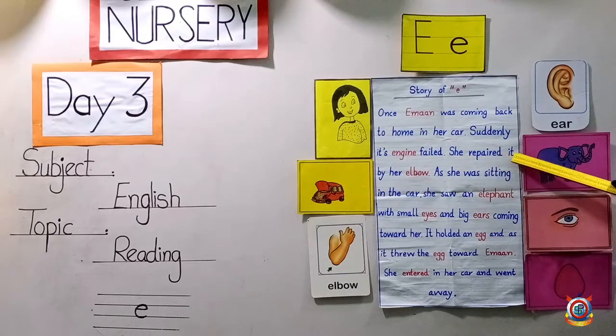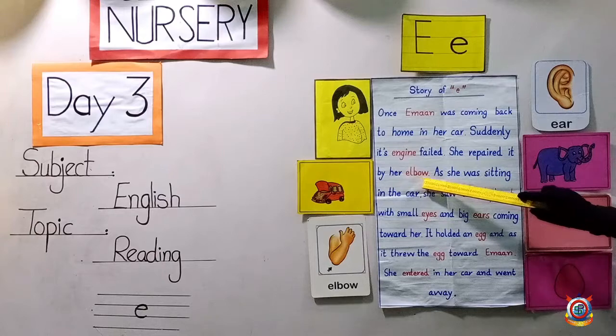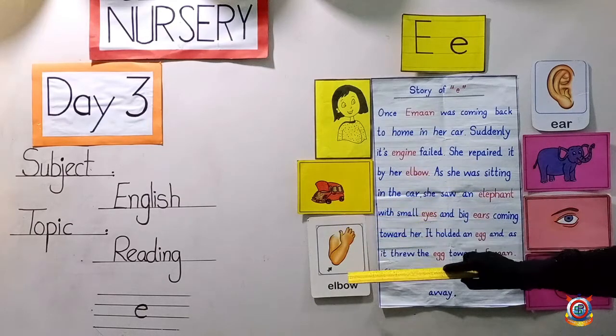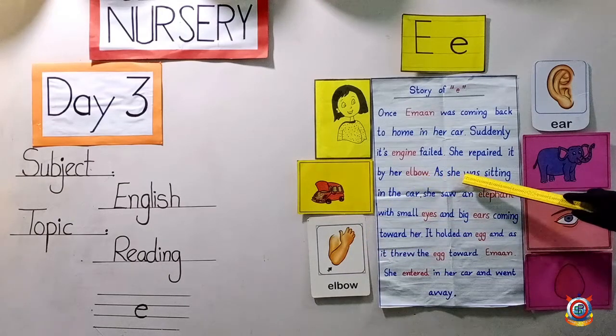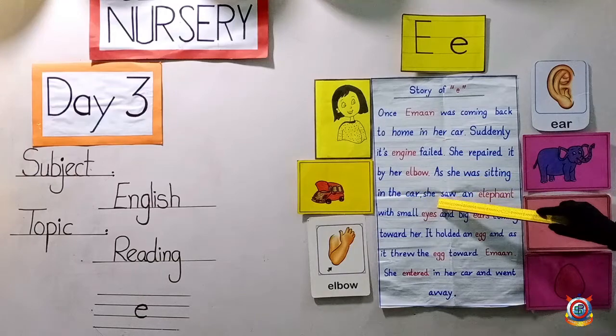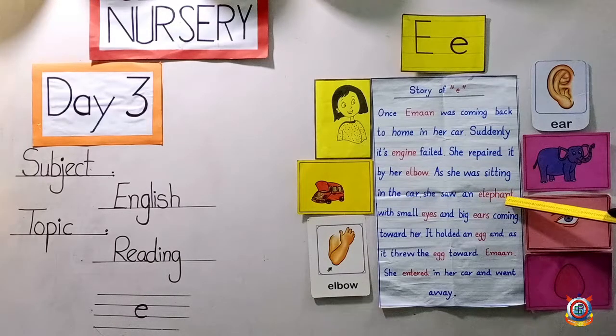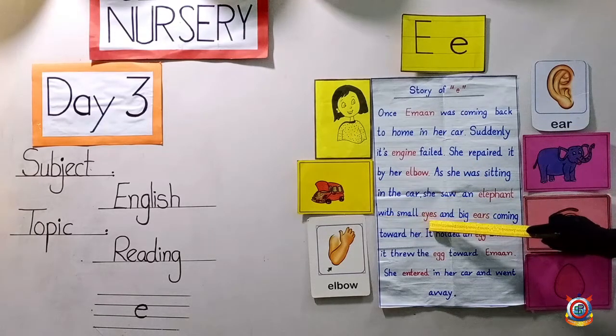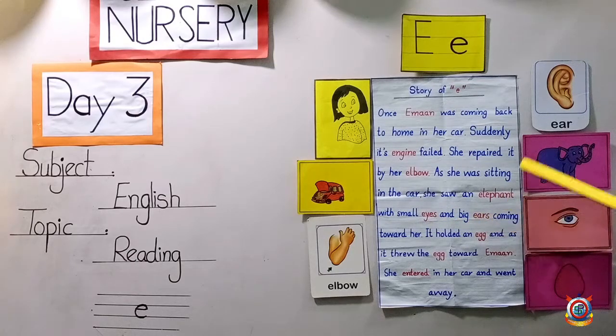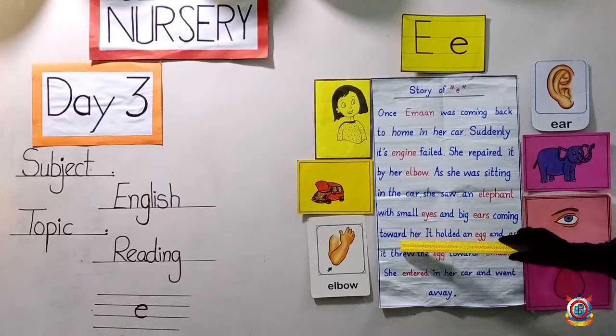She repaired it by her elbow. How she repaired? By the help of her elbow. As she was sitting in the car, she saw an elephant. What did she see? An elephant, with small eyes and big ears, coming toward her.